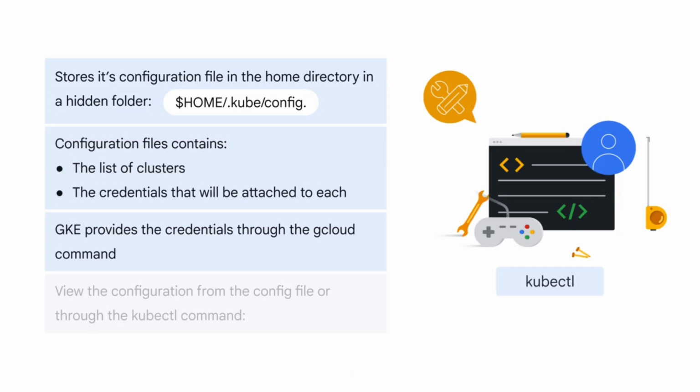GKE provides them through the gcloud command. To view the configuration, either open the config file or use the kubectl command config-view. Please note that the kubectl config shows the configuration of the kubectl command itself, whereas other kubectl commands show the configurations of cluster and workloads.